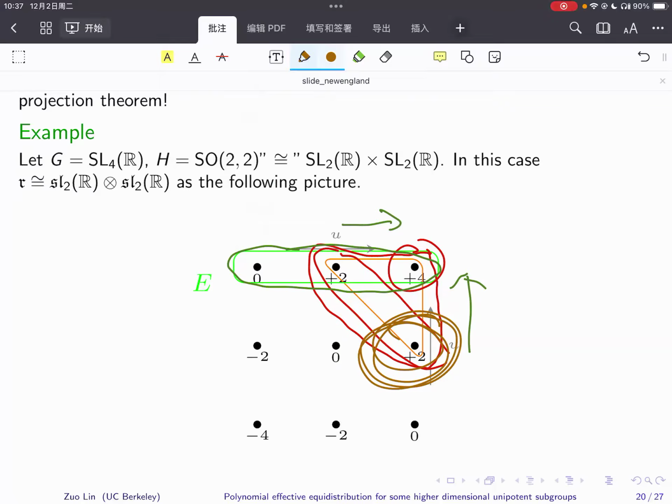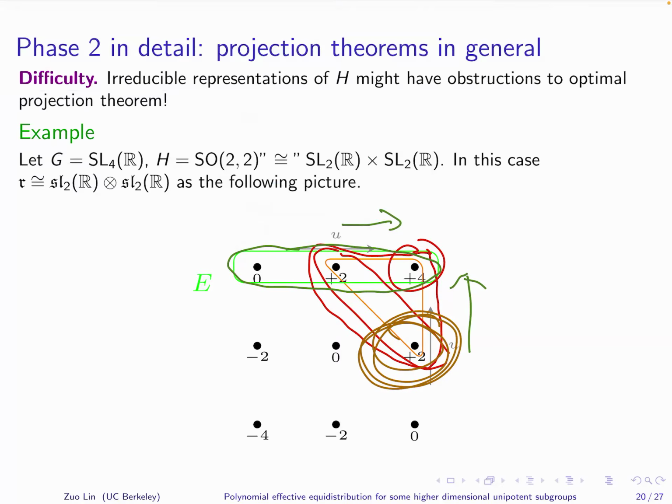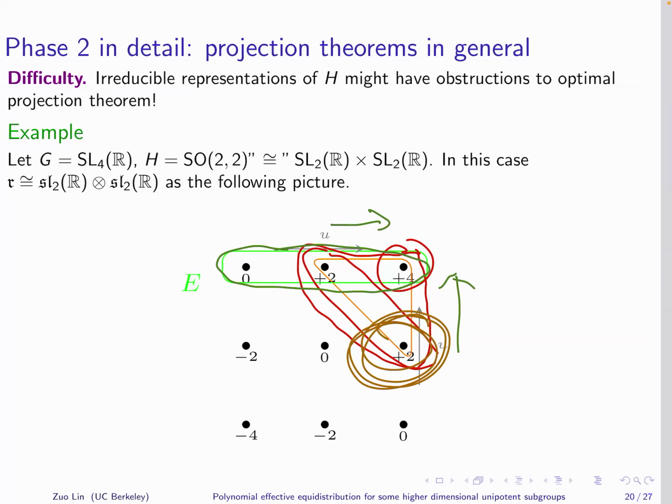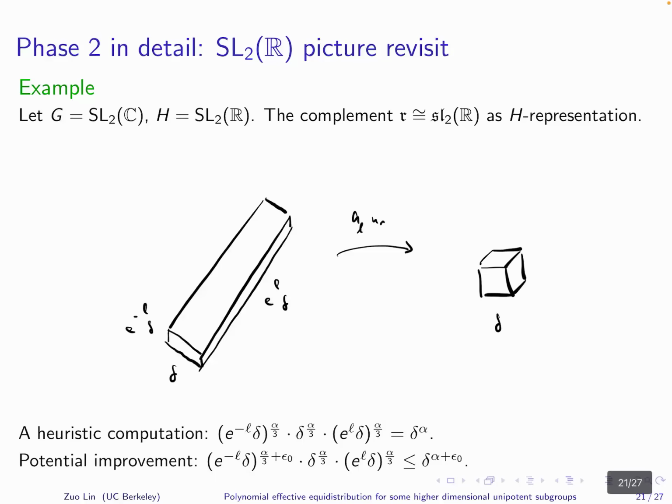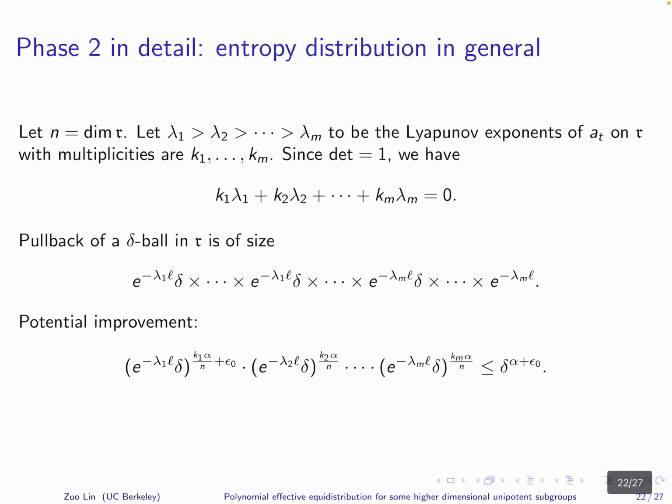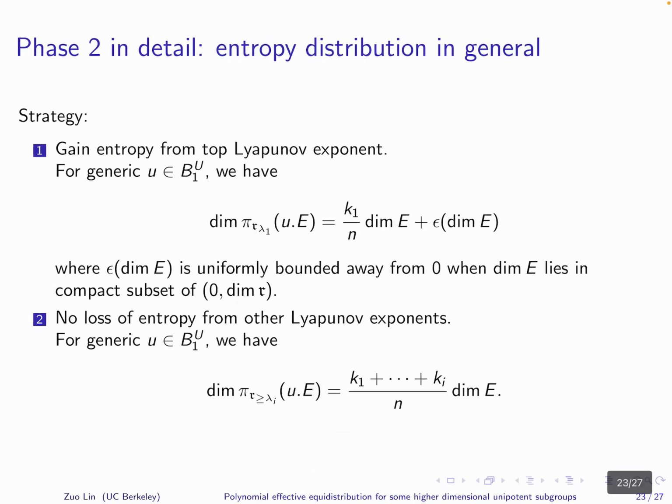Okay, I think I'm running out of time, so let me just sketch a little bit of the solution for this. The solution is to try not to use optimal projection theorems. Let me just go to this slice directly.